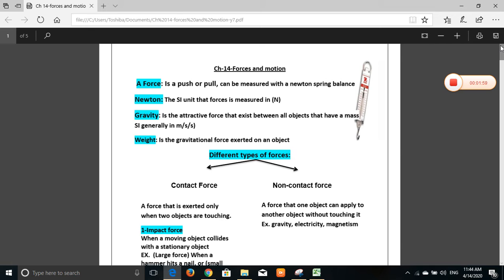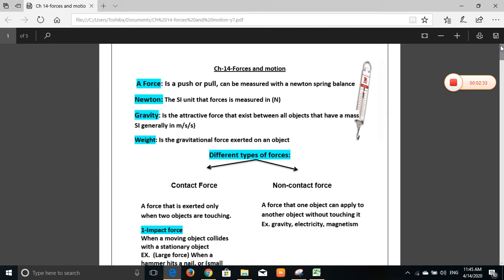We have another scientific term, gravity. What is meant by gravity? Gravity, as all of you know, characterizes our planet Earth. Gravity is the attractive force that exists between all objects that have mass. You know mass? The amount of matter in an object. Planet Earth is characterized by gravity, so every object on Earth is attracted to the Earth.